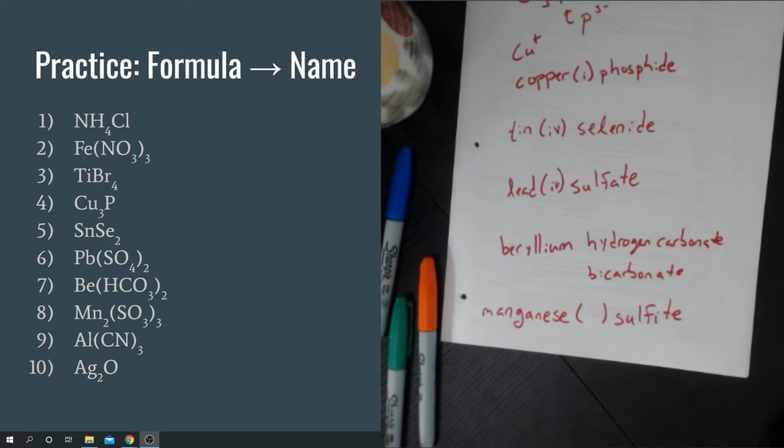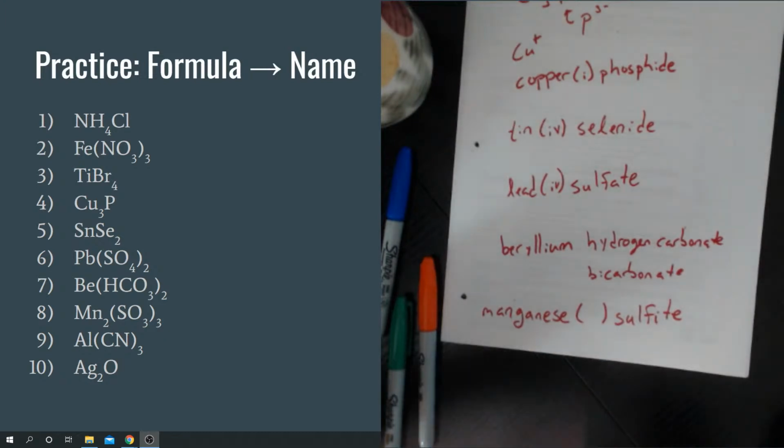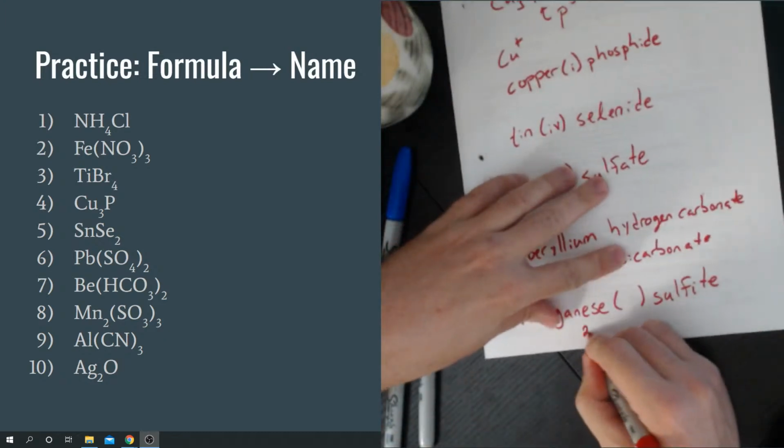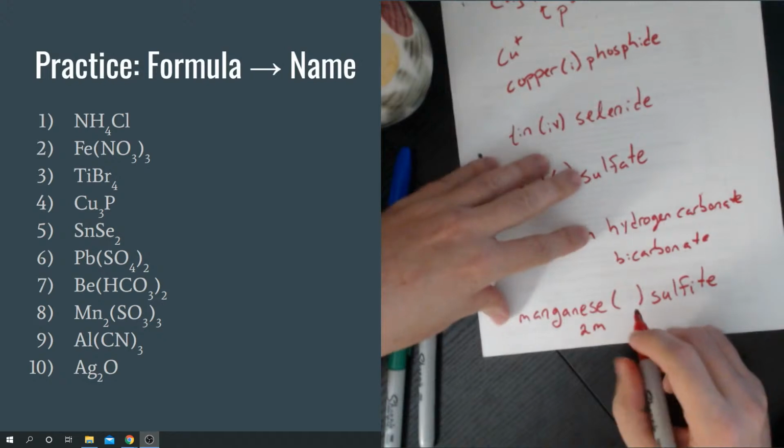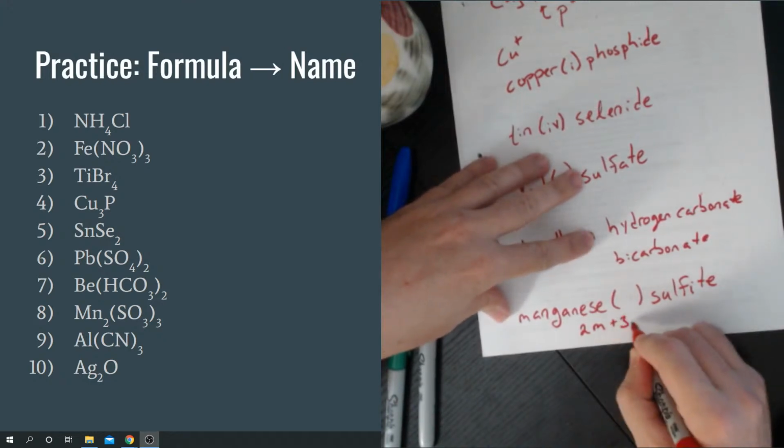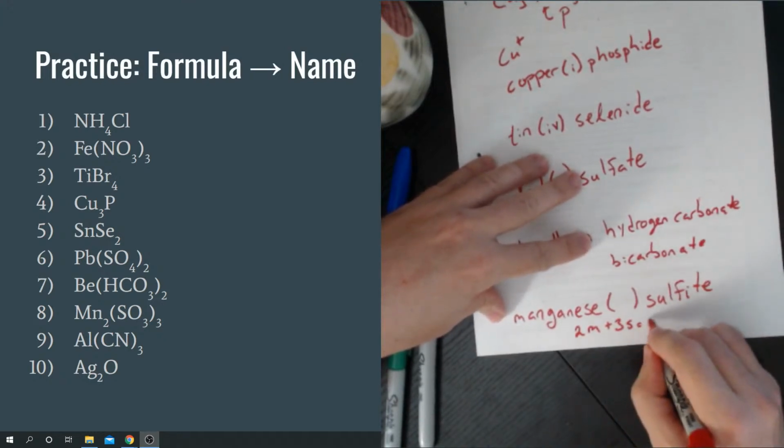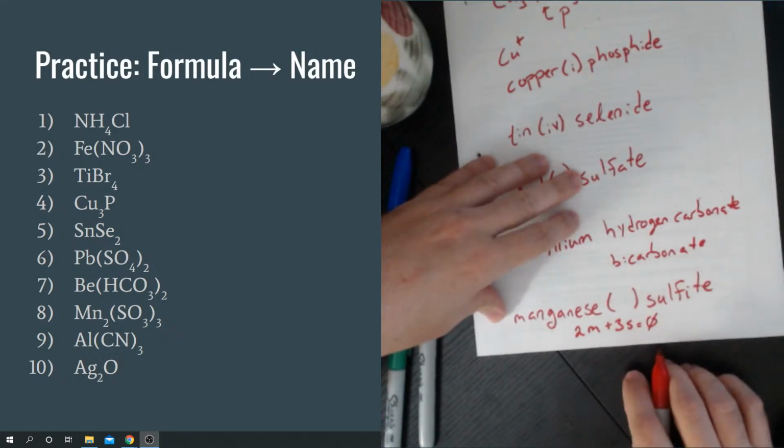Now, this one has a rather complicated thing when it comes to finding the charge, because there's 2 manganese ions and there are 3 sulfites. So, 2 times our manganese plus 3 times our sulfur is going to be equal to 0.